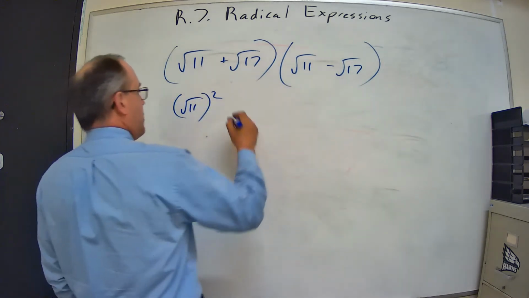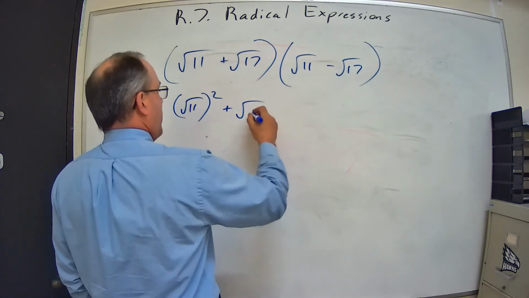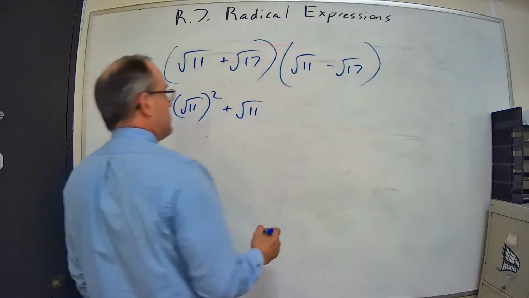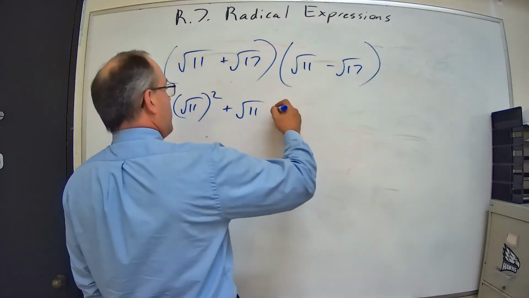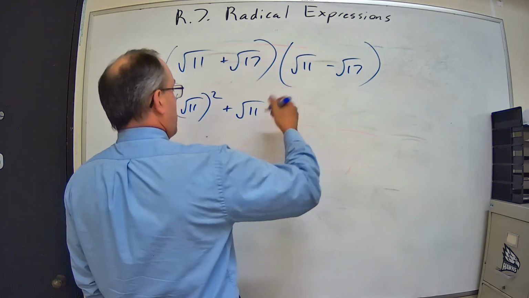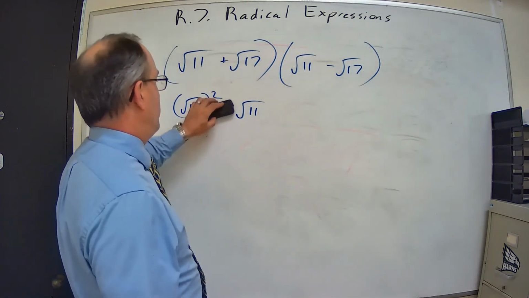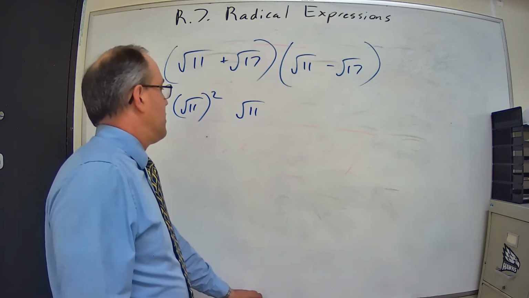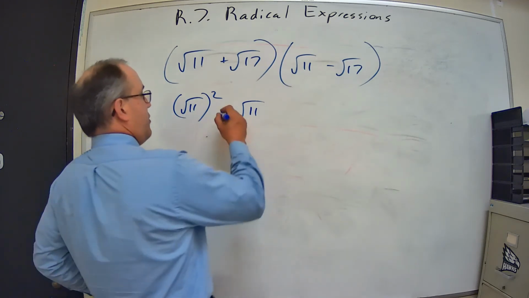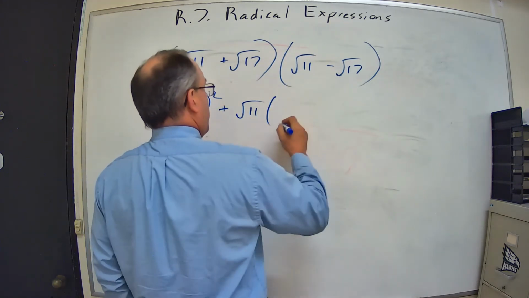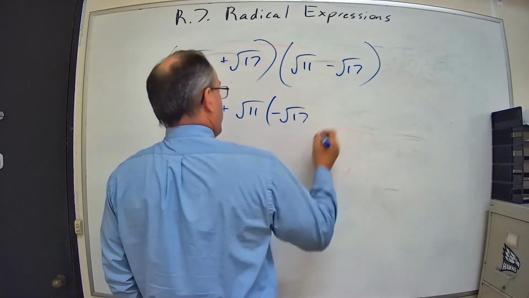Outer plus the square root of 11, well, actually, I'm going to write this a little differently here. Well, actually, I can do that. So I can do that times the negative square root of 17.